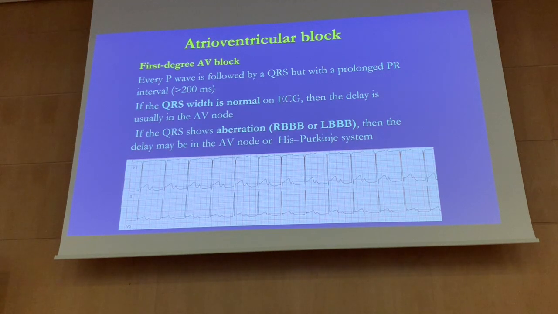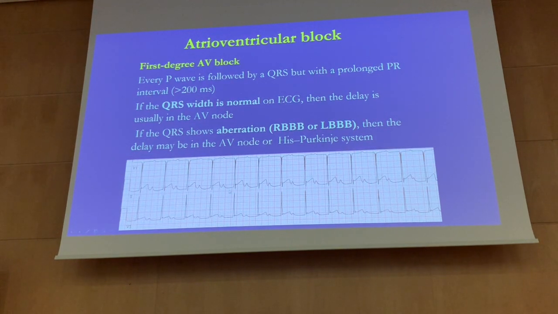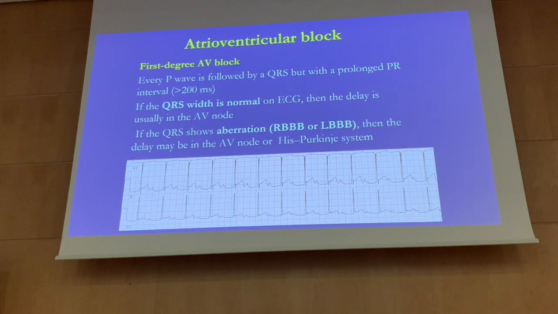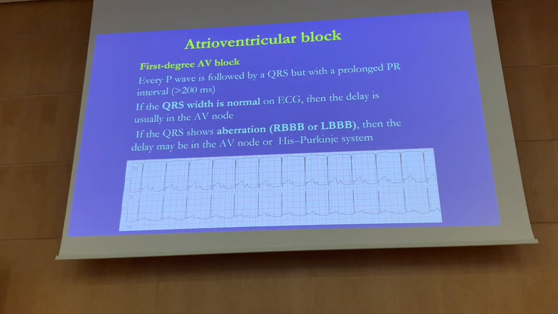Agree? The space between the P wave and the QRS is very, very far away. But in general, the P wave is reaching the ventricle. So there is no real block here. So they call it first degree AV block.